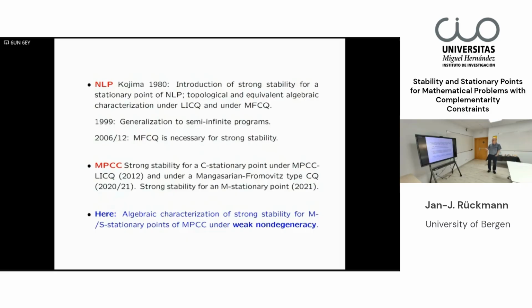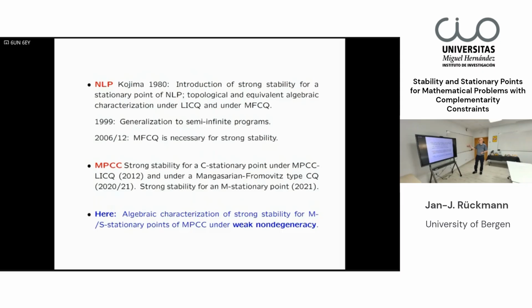Here is this little bit historical view for NLP, nonlinear programming, that means finitely many equations and finitely many inequality constraints. What Kojima really did, besides the topological definition of existence, uniqueness, and continuity, is present an equivalent algebraic characterization in terms of first and second order derivatives of the involved functions.